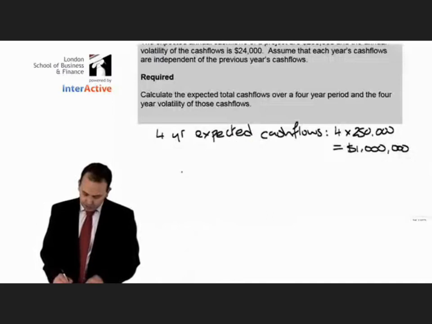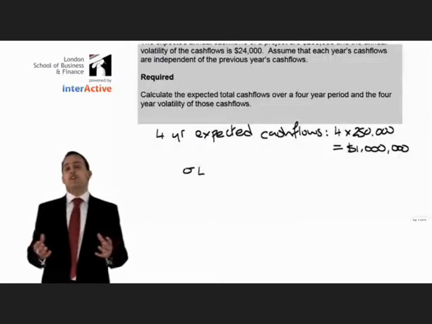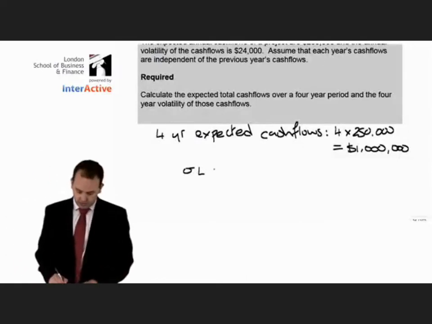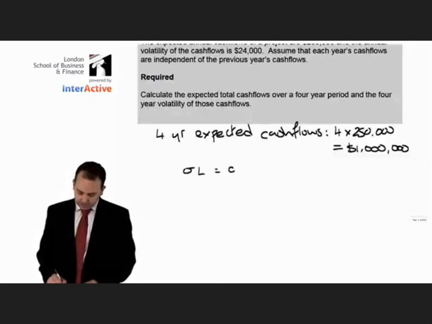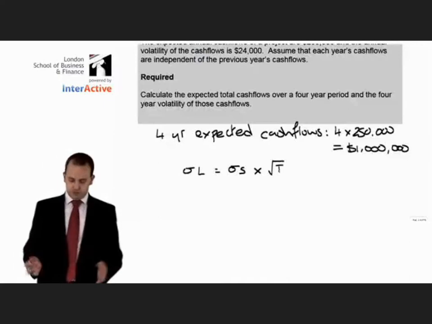So if we were to use that formula, looking at the standard deviation over the long period. So what we're doing here is looking at how volatile is it going to be over the 4-year cycle. It's going to be the standard deviation over the shorter period multiplied by the time difference between the long period and the short period rooted.